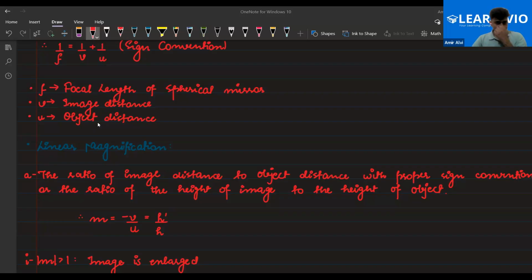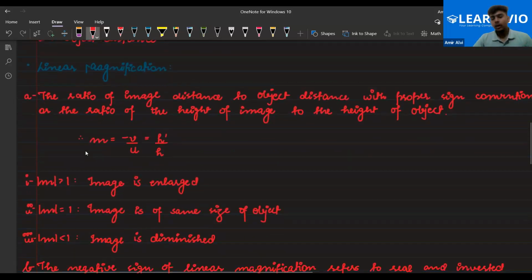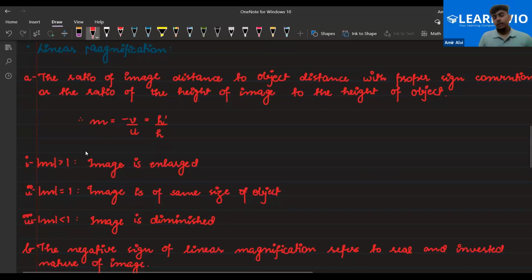Okay, so next thing, Naveed: how do we get to know from the linear magnification whether the image would be enlarged or small? We look at the magnitude of the magnification, which means we are not considering the sign, just the number. If the number is greater than 1 in magnitude, the image would be enlarged.